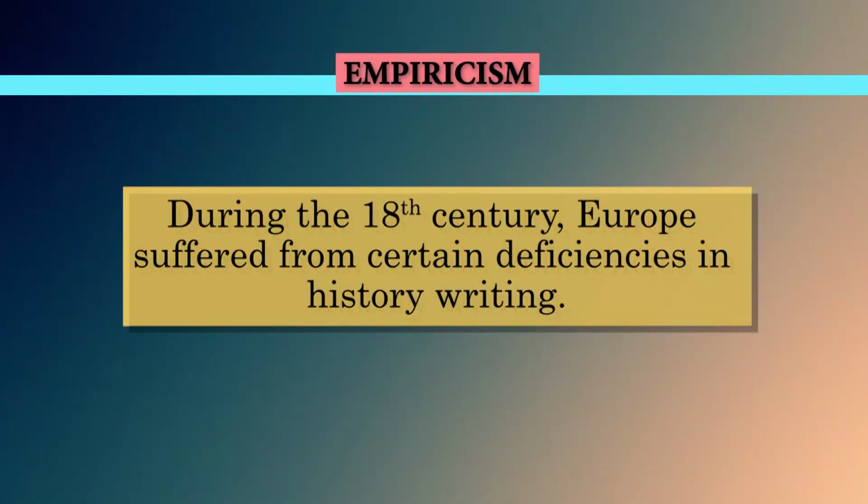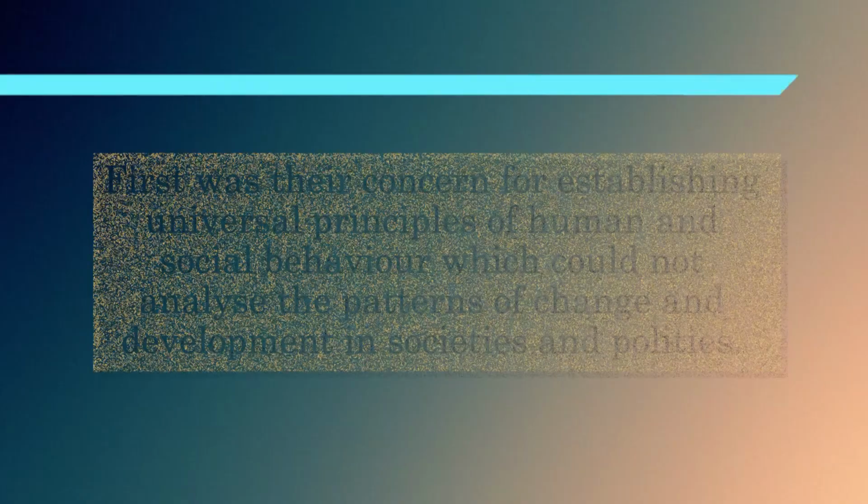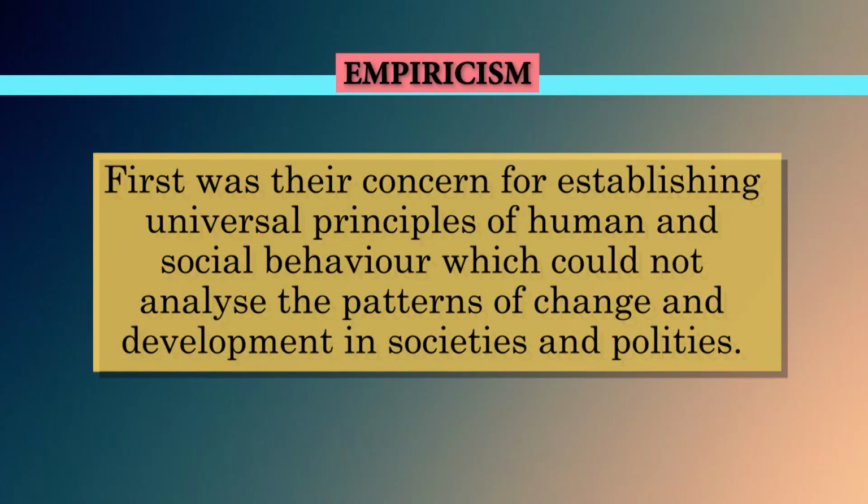During the 18th century, Europe suffered from certain deficiencies in history writing. What were those? Number one was the concern of the historians for establishing universal principles of human and social behavior, which could not analyze the patterns of change and development in societies and polities.